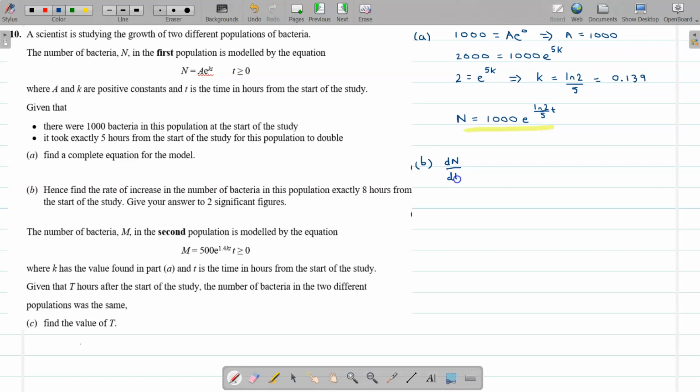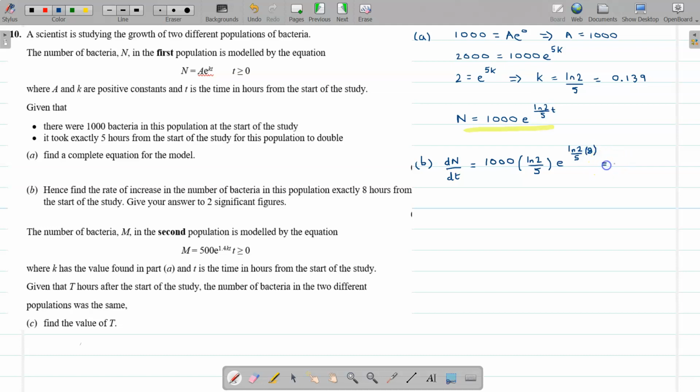So that's simply going to be 1000 times the constant in front of t, so it's 1000 times the log of 2 over 5, times e to the power of log 2 over 5 times t. In fact, we'll put times 8 because that's what we know t is.